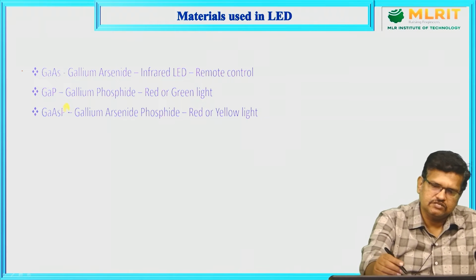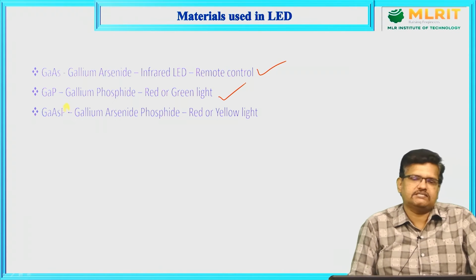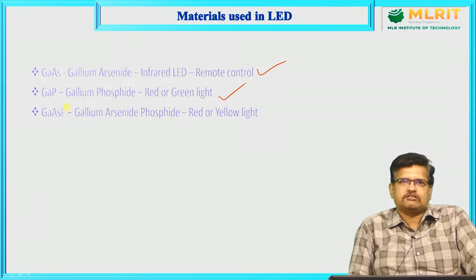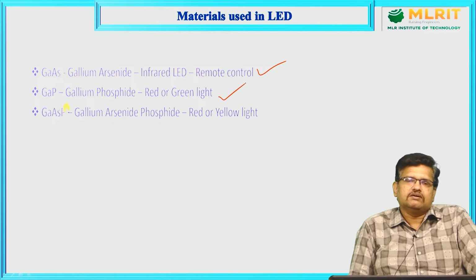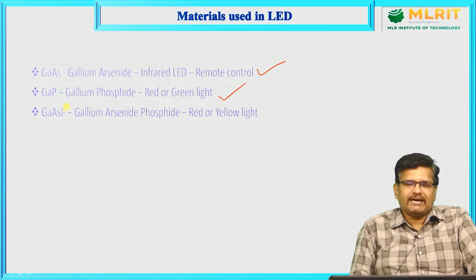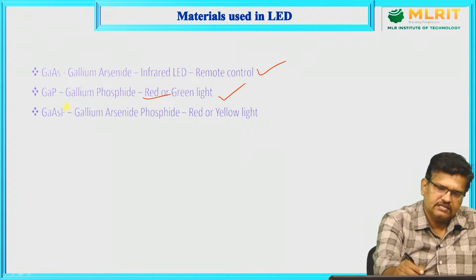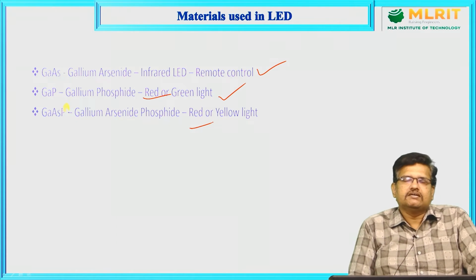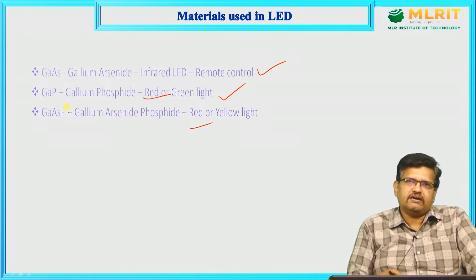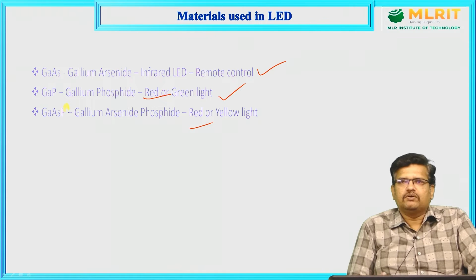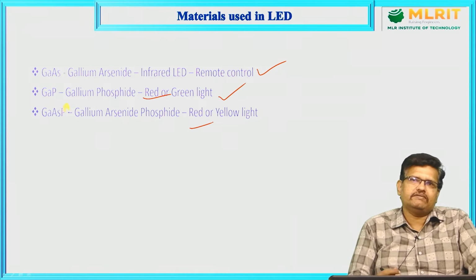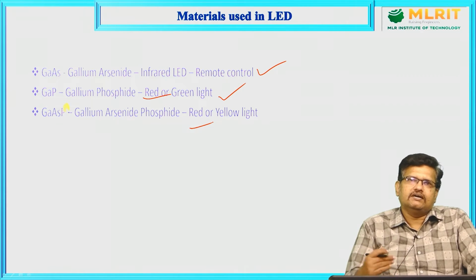Next one is gallium arsenide phosphide, which is responsible for giving red or yellow color light. Majorly in the LED you can see the red color light, and along with red we can generate green, yellow, blue, etc., depending upon the material we are employing in the LEDs.